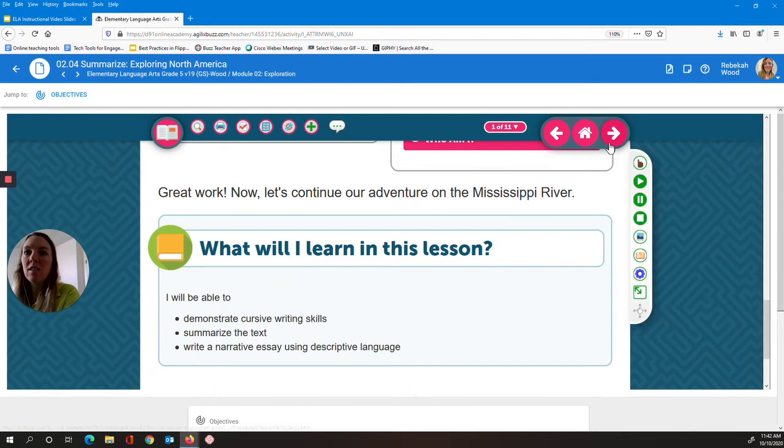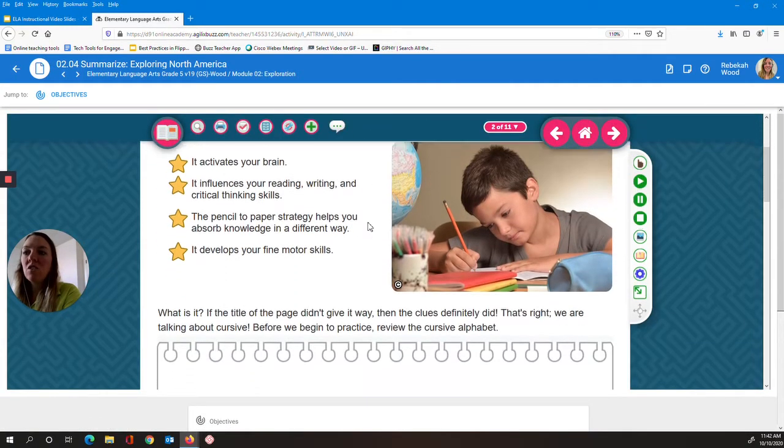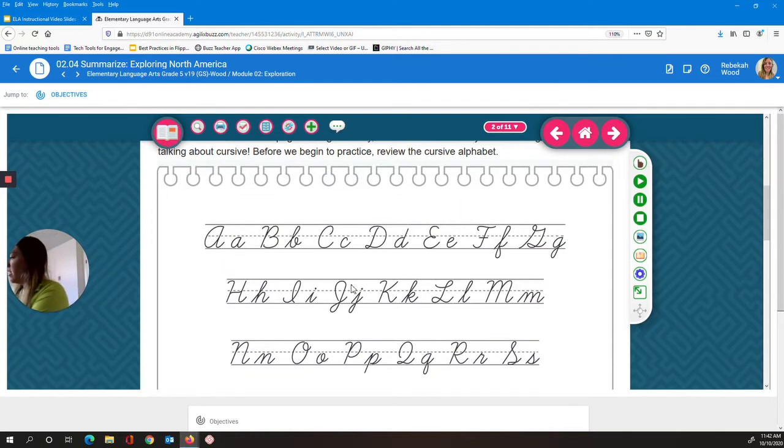So there's our objectives. Here's your cursive practice. If you do have your interactive notebook, which is optional, you can get your interactive notebook and practice those cursive letters within it.